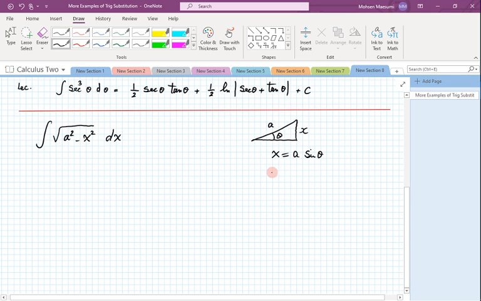For substitution, we need the differential, so that's going to be a cosine theta d theta, and then the third side, of course, that radical, we are after a squared minus x squared in radical. So what we have is a squared minus x squared. Well, that is of course going to be a cosine theta.